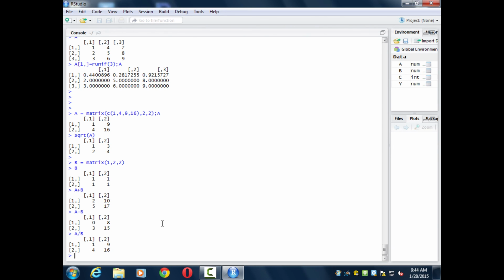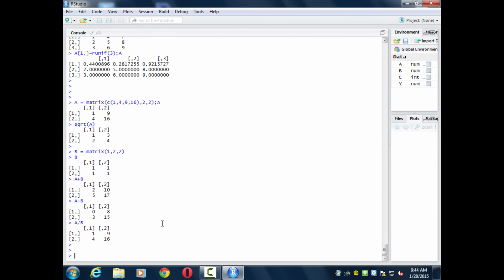One has to be careful when intending to multiply a matrix. Matrix multiplication is an operation that we can do by using the multiplication operator with specific syntax.